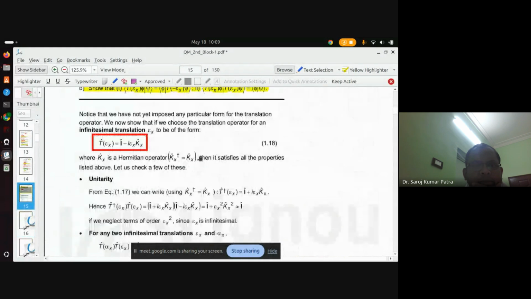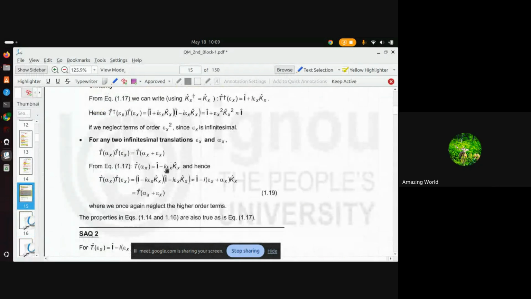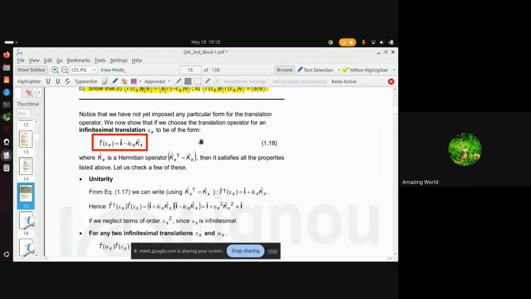Is this part clear up to this point? Okay, sir. So we are convinced now that the T operator form can be like this: identity minus I epsilon x kx, where kx is the generator, right? Yes, sir. Okay.